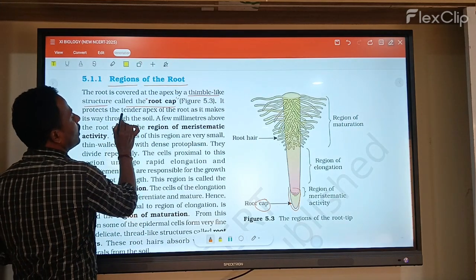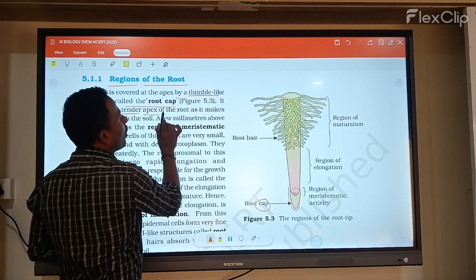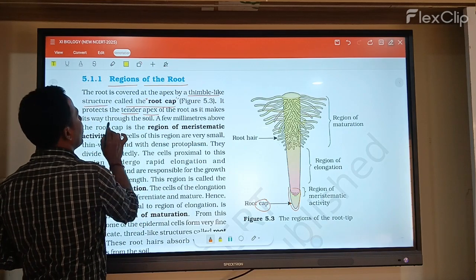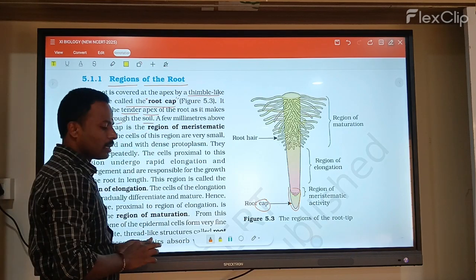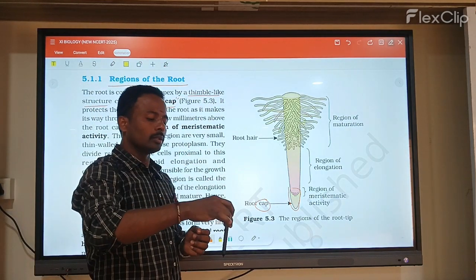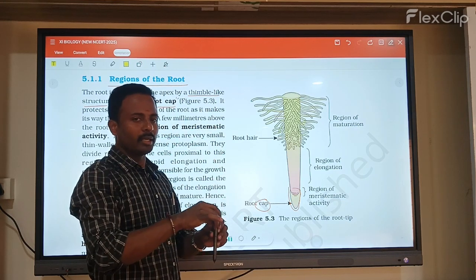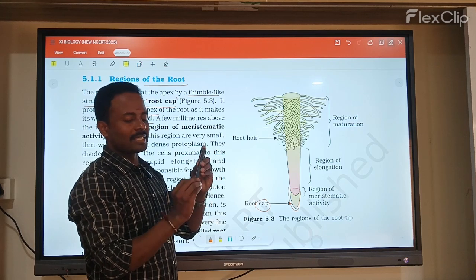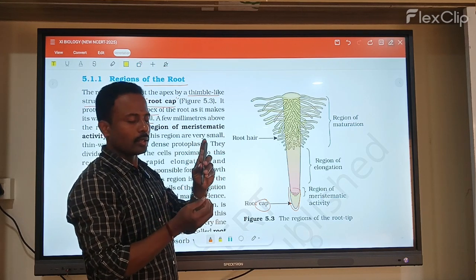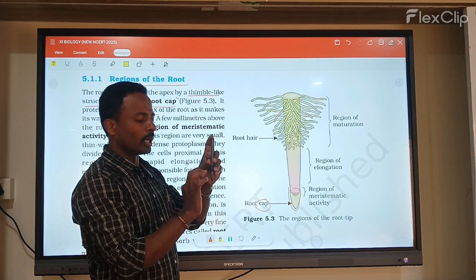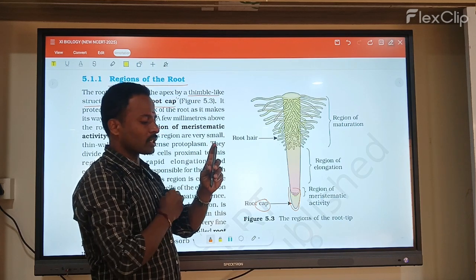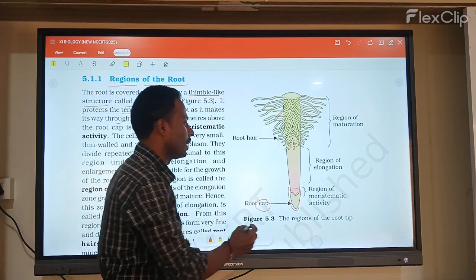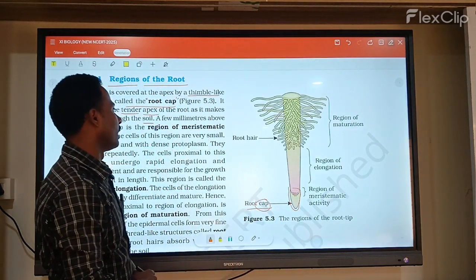It protects the tender apex of the root as it makes its way through the soil. When the root grows under the soil, the soil particles could damage the meristematic region. So the meristematic region is protected by a cup-like structure. That cup-like structure is called the root cap.